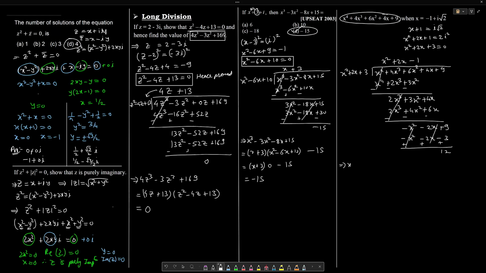So we have to write down x to the 4 plus 4x cube plus 6x square plus 4x plus 9 as the product of these two polynomials, and plus your remainder. So we already get the second bracket as 0. The answer will be 1. Ta-da! Okay, for today I'll give this procedure.